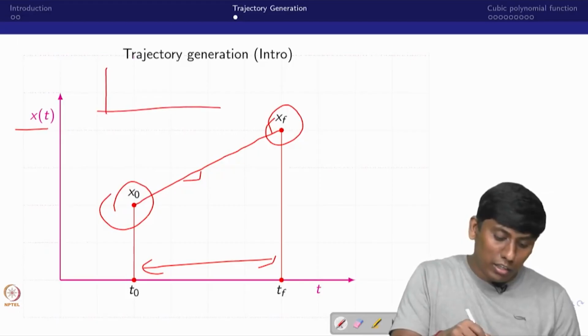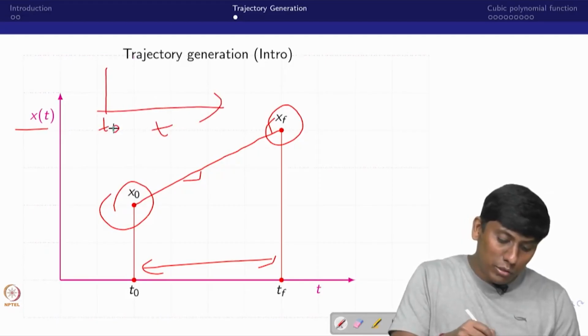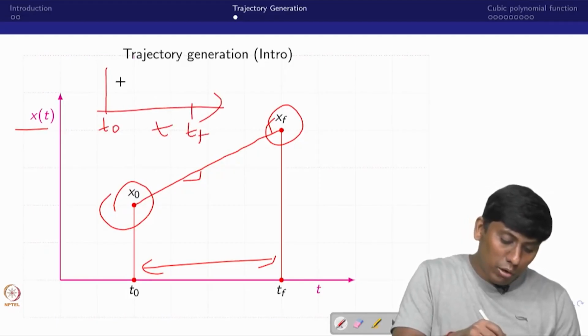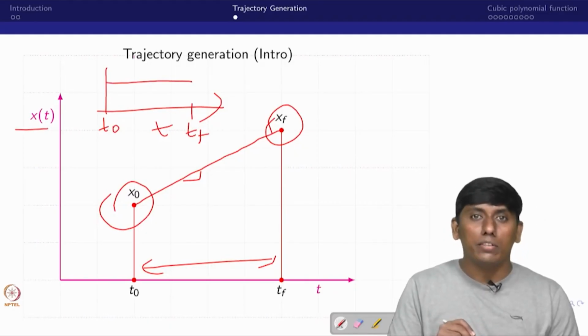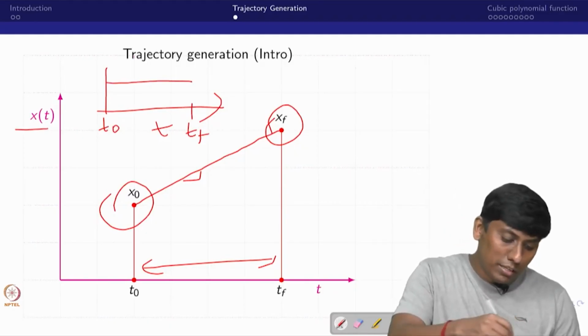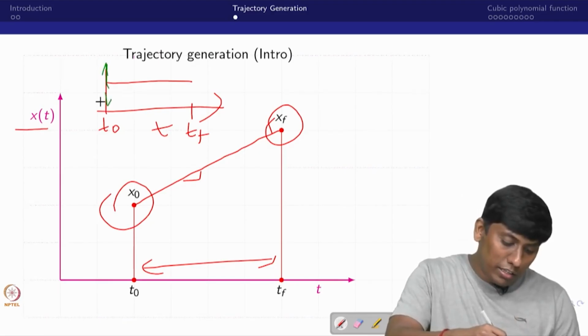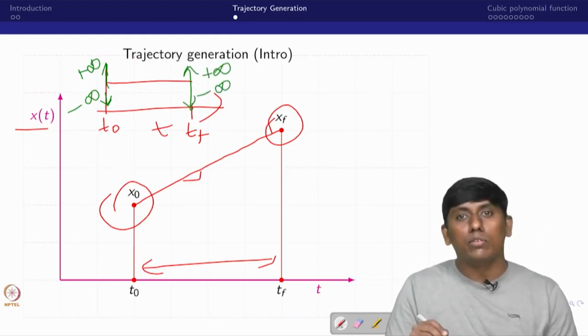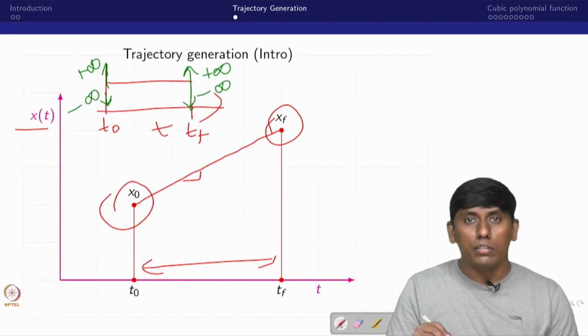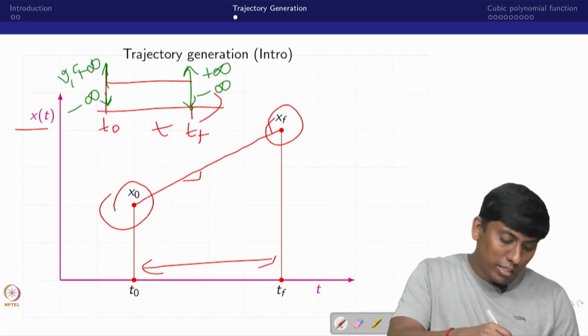When I draw time from t0 to tf, the velocity would be constant, right? So if the velocity is constant, what would be the acceleration? It would be infinite acceleration and deceleration. So similarly here, that is a little concern for us. So this is velocity and acceleration.